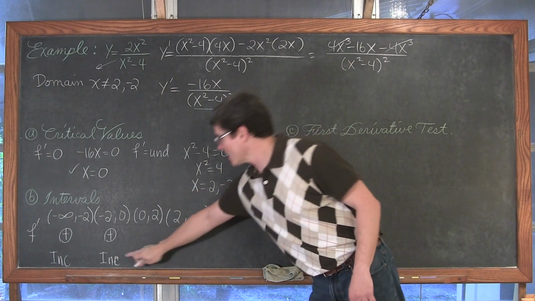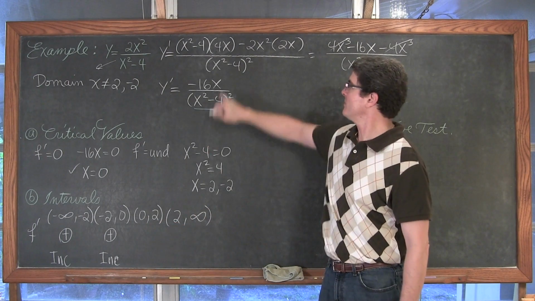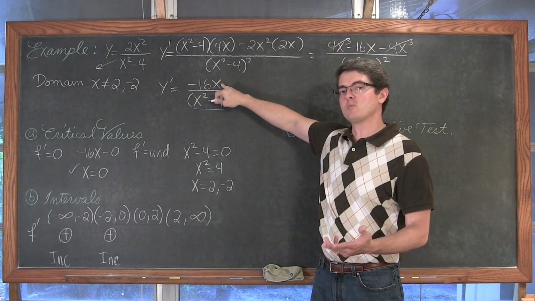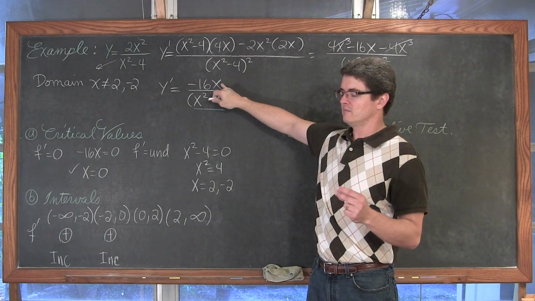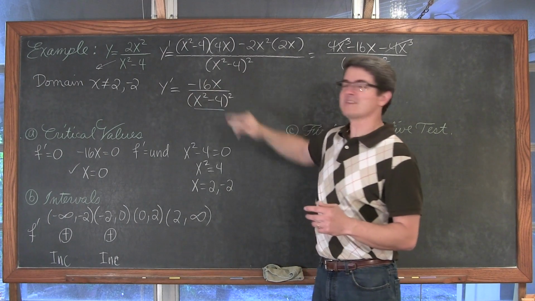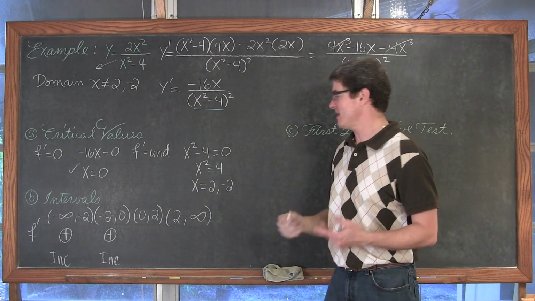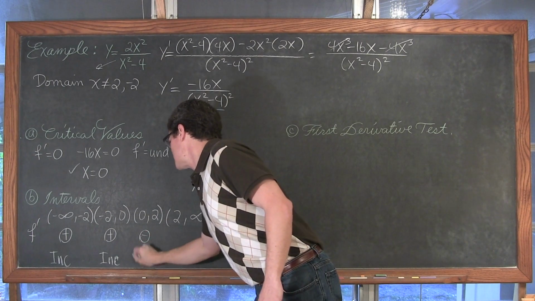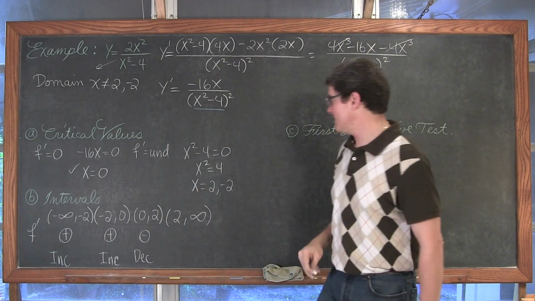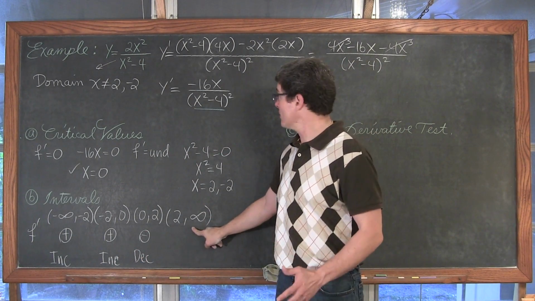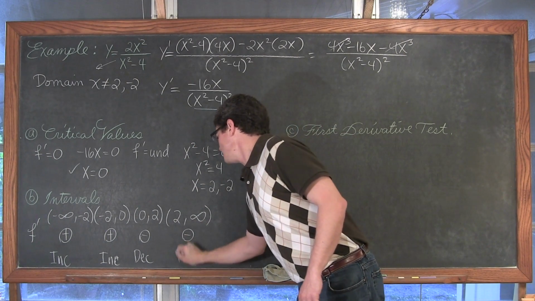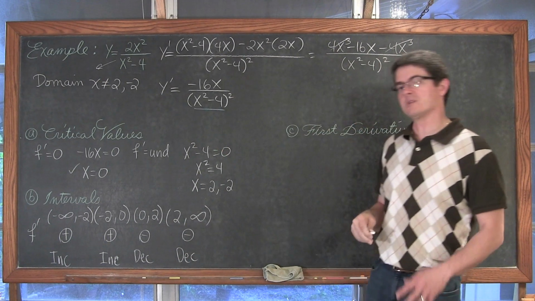And then moving over to our interval of 0 to 2, if I plug in 1, negative 16 times 1 is negative over a positive value, so our first derivative is going to be negative. That means it's going to be decreasing. And if we plug in a value of 3, it's going to be negative again and decreasing.